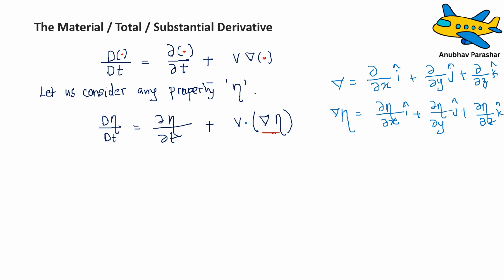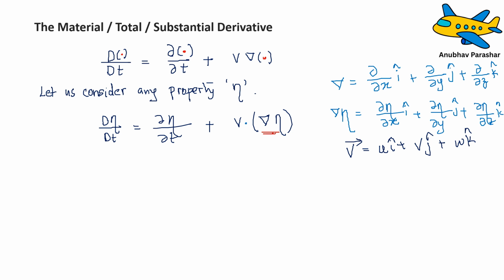Now if you dot product it with velocity, we know what velocity is. The velocity is written like this: u i cap plus v j cap plus w k cap, where u is the component of velocity in the x direction, v is the component in the y direction, and w is the component in the z direction.